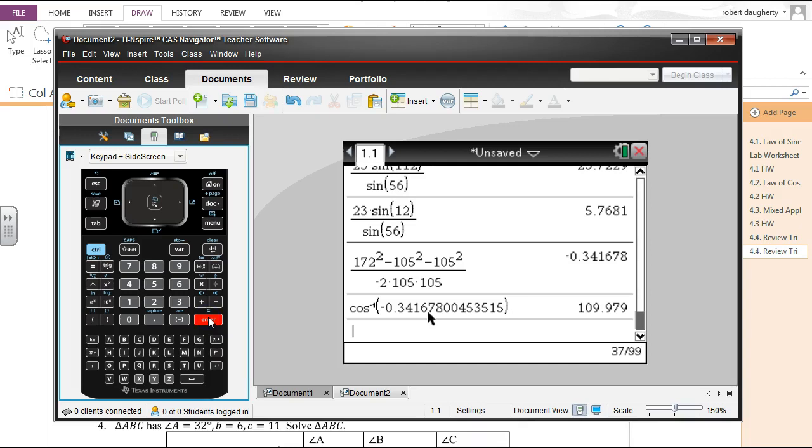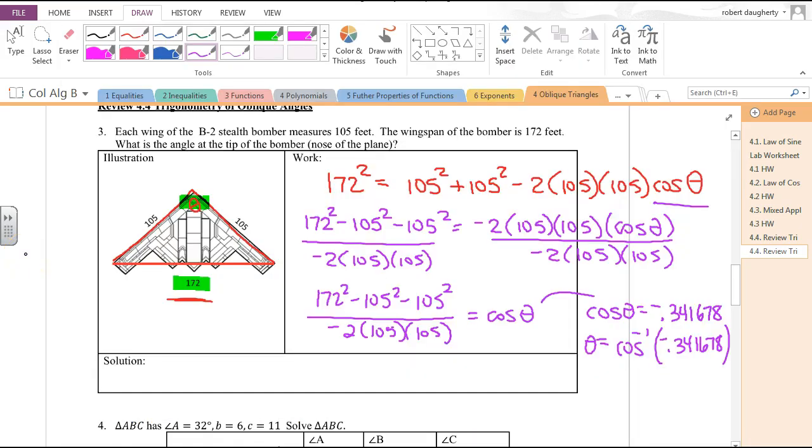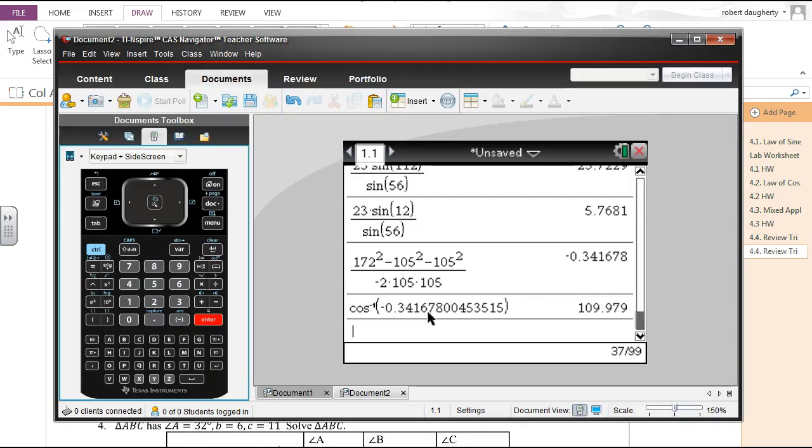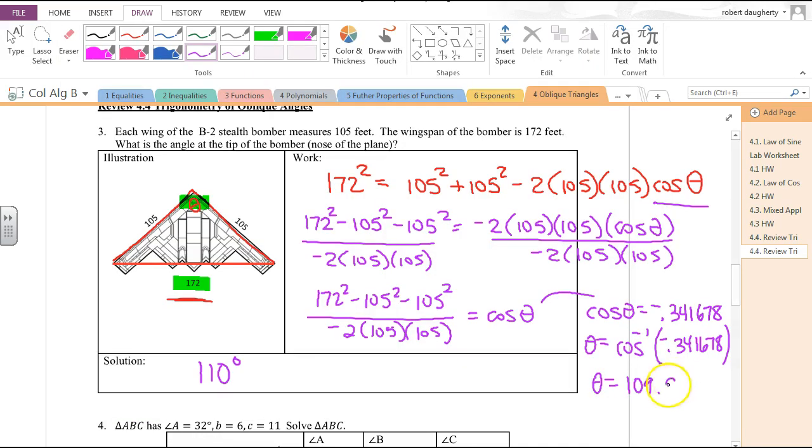With degrees we're going to round to the nearest degree, so that's 110 degrees. So theta equals 109.979, which is about 110 degrees.